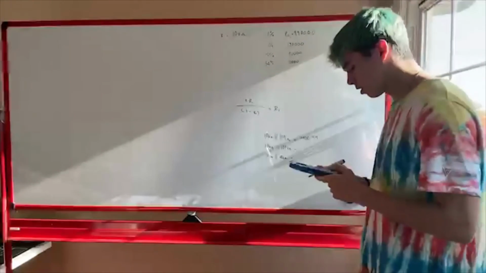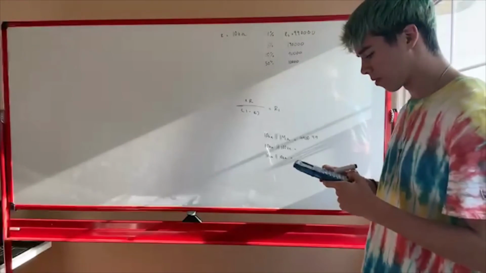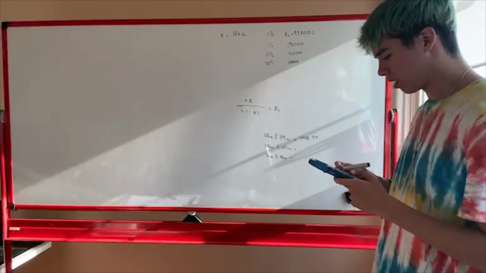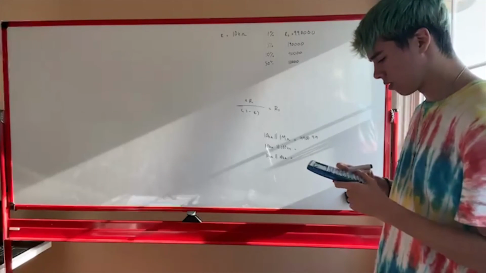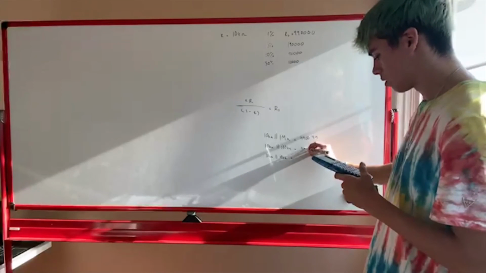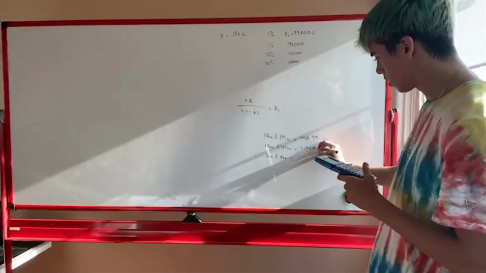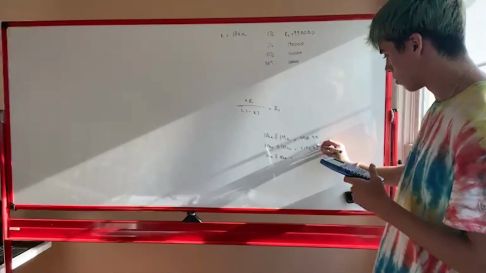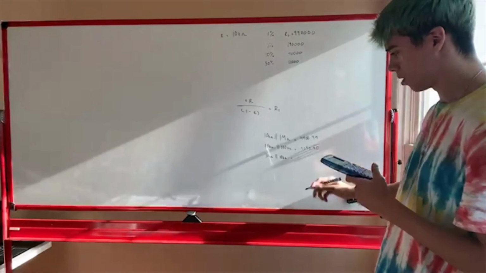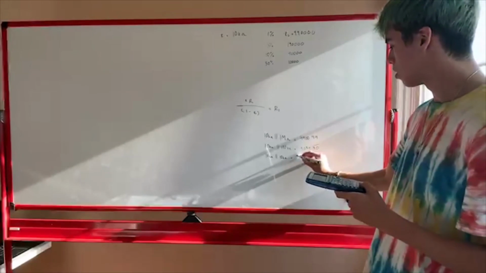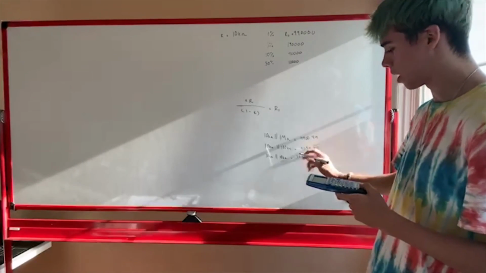That'd be 10,000 times 100,000 divided by 110,000. That'd be 9,090.90, kind of repeating. Probably, I think. And this one would be 5 kilo ohms. Just half. There you go.